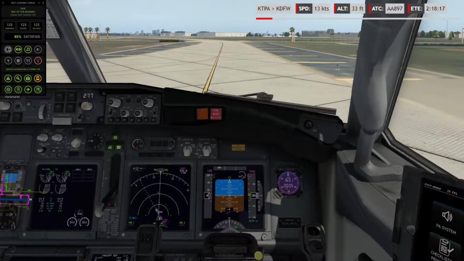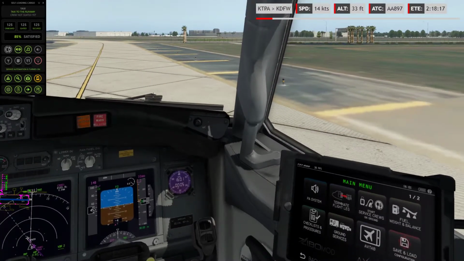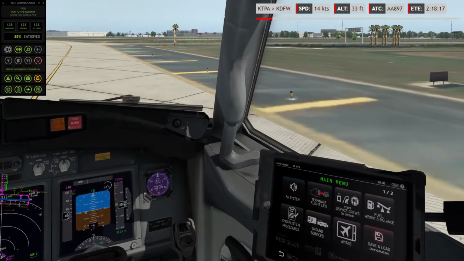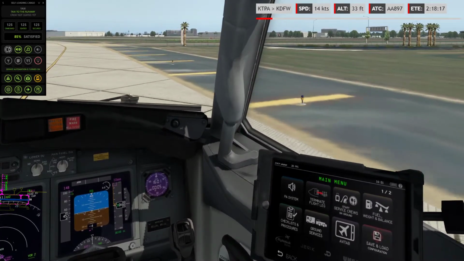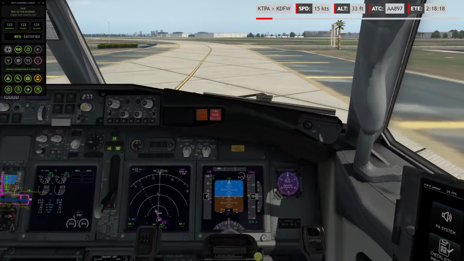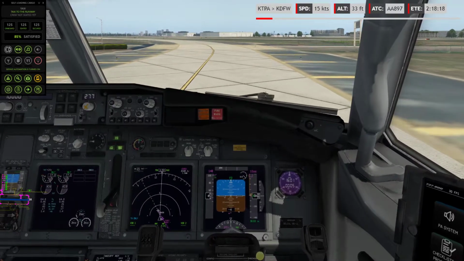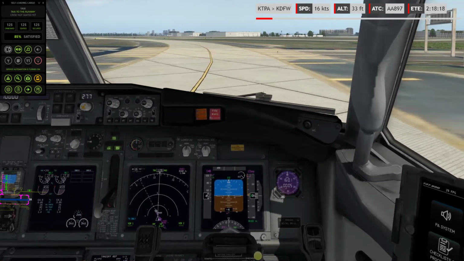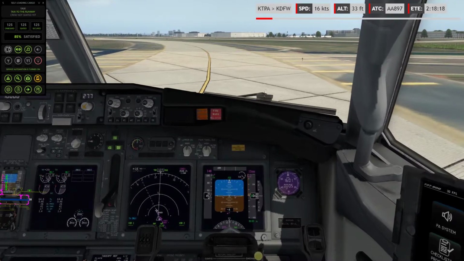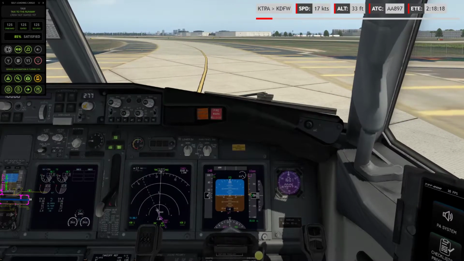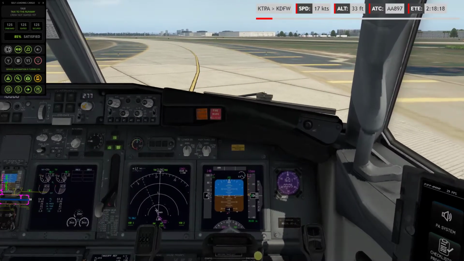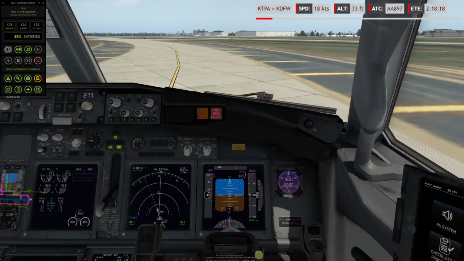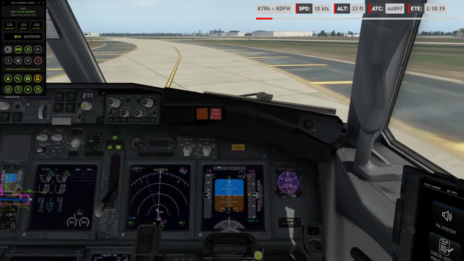Very nice. I think they are a little bit close to the taxiway though. They should maybe plan it a little bit further out. Especially this one. Alright, so we just have to roll all the way to the end, cross runway 01 right, and then make a right turn, and then a left turn, and then we'll be at runway 28.